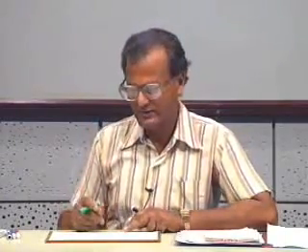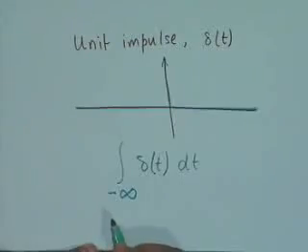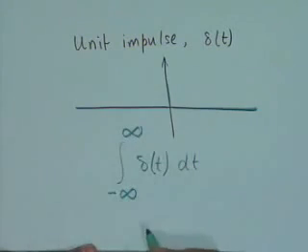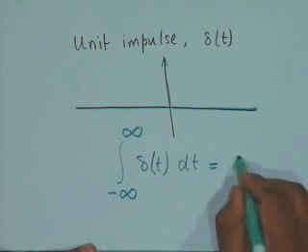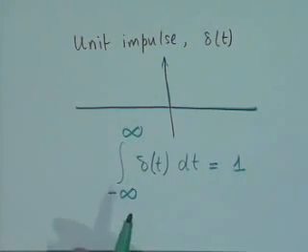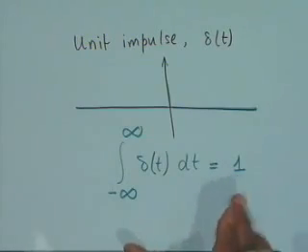Since the amplitude of delta t goes to infinity, we cannot define it in terms of an amplitude, and therefore we define it by its area. If we integrate from minus infinity to plus infinity, then this area is taken as 1. This is the definition of delta t.